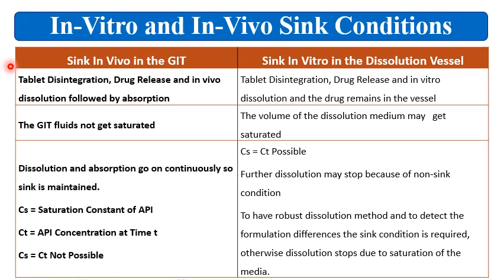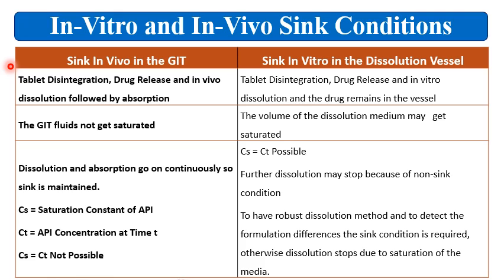Many people understand that if the dissolution media is replenished or replaced with fresh media, that means the sink conditions are achieved. It is not exactly the same. The sink condition is somewhat different from replenished media. So we will consider the in vitro and in vivo sink conditions.